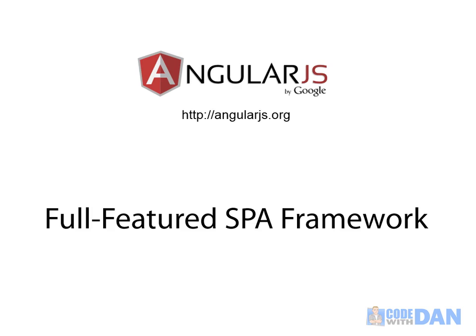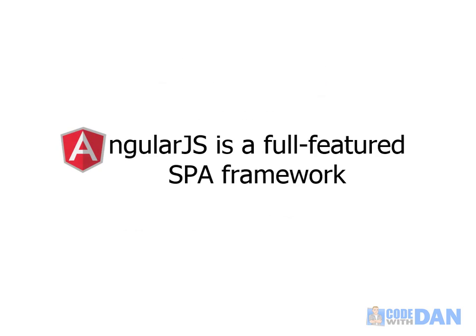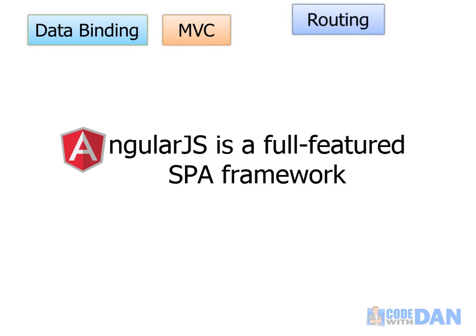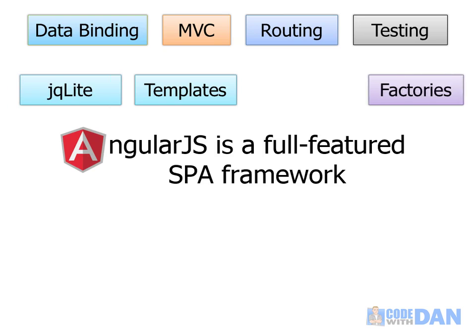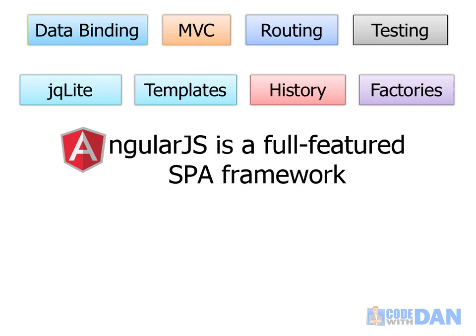Anytime I work with a framework, I always want to know before I jump into it very heavily, what exactly does it promise? What does it offer us? Well, AngularJS, being a full-featured SPA framework, offers a lot of cool things. I'm going to show you a few of these here, and don't feel like you have to understand all these up front. We're going to be going through many of these throughout the course.